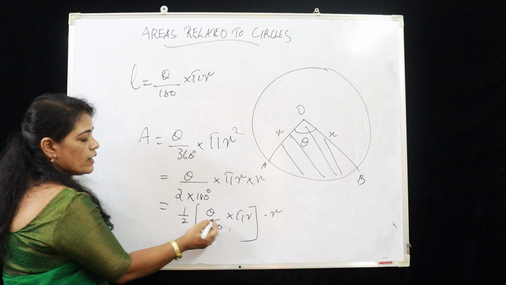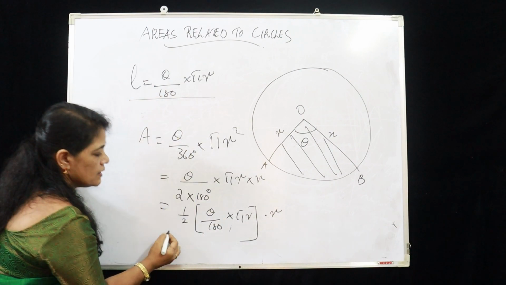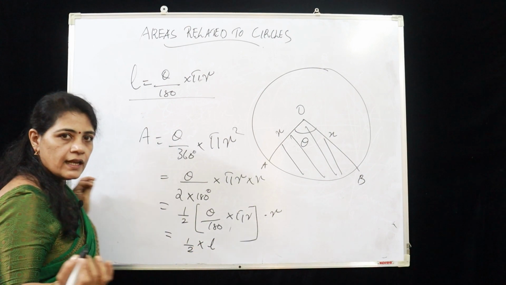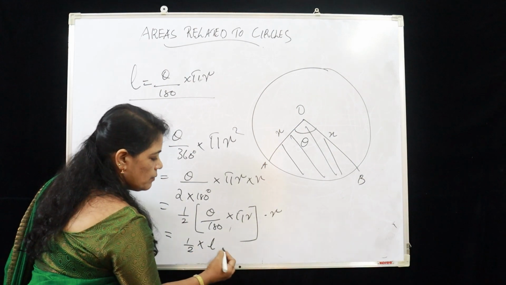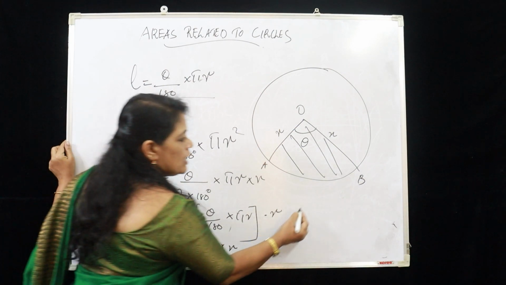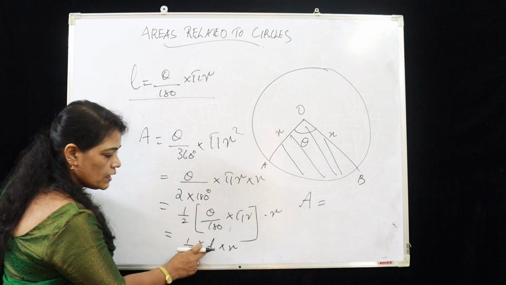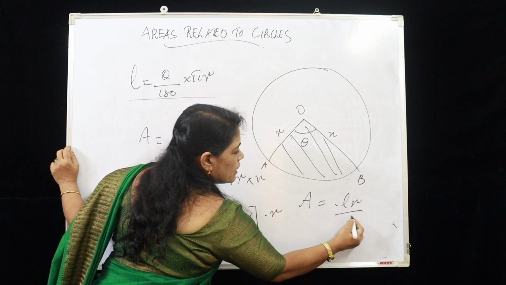And what is theta by 180 into pi r? This is the arc length, that is 1 by 2 into L, arc length usually represented by the letter L, and the remaining r into r. So the area of a sector is now reduced to this formula, 1 by 2 into L into r, that is L r by 2.